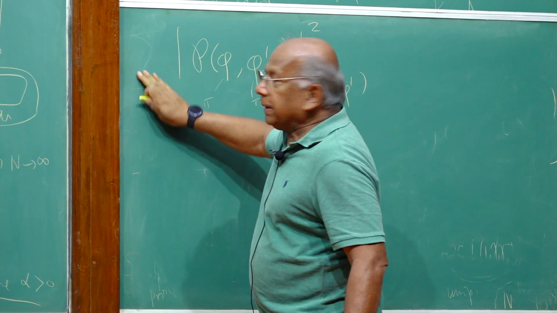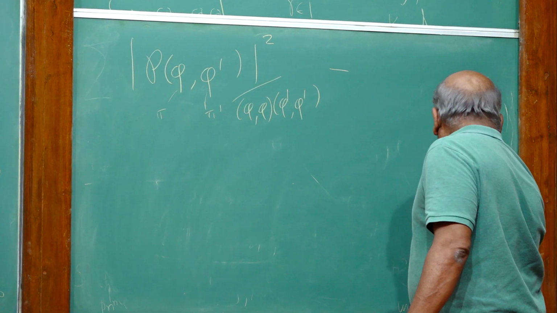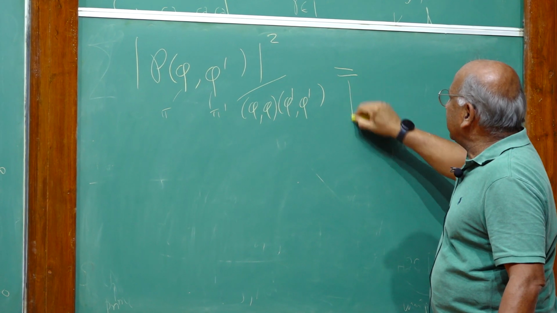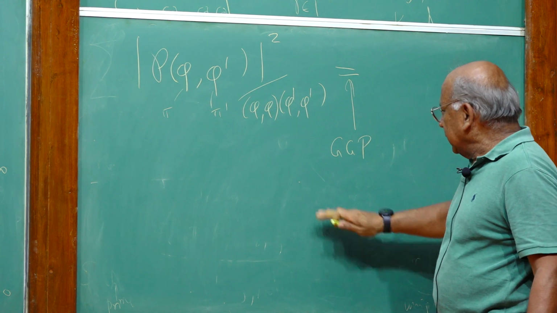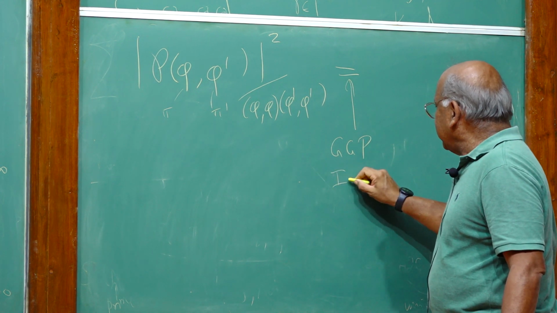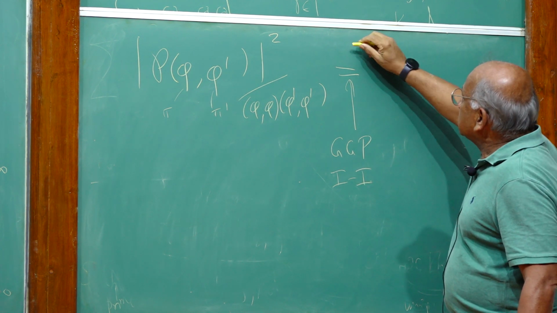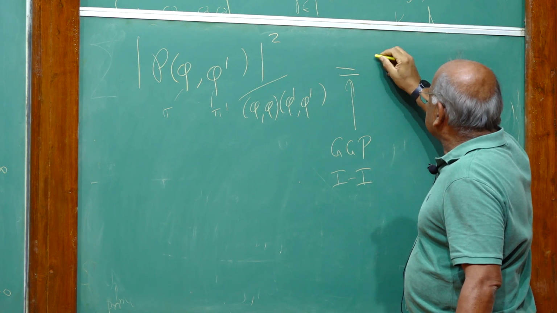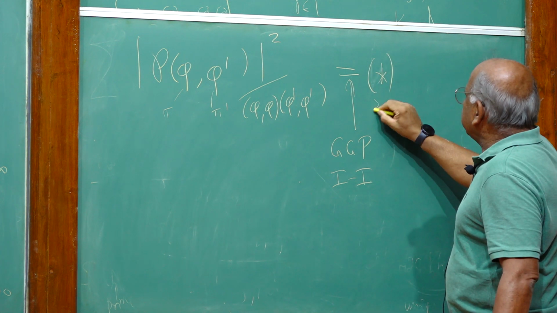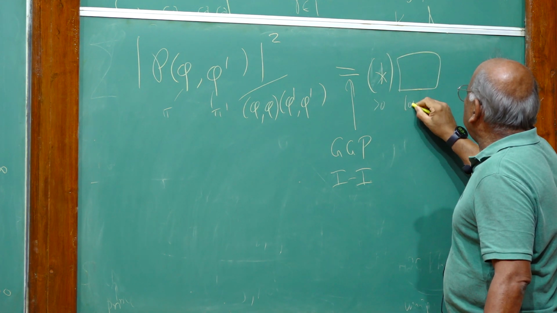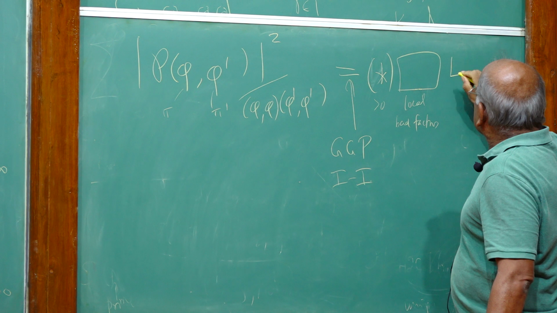Each individual one here is related, by GGP and Gan-Gross-Prasad and also the Ichino-Ikeda formula, to some factors that are understandable and positive, bad factors, times the L function.